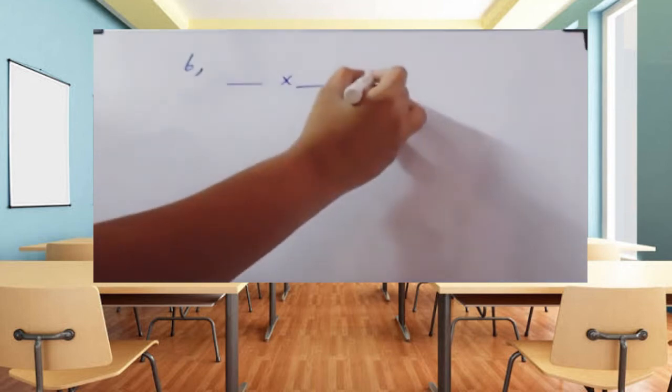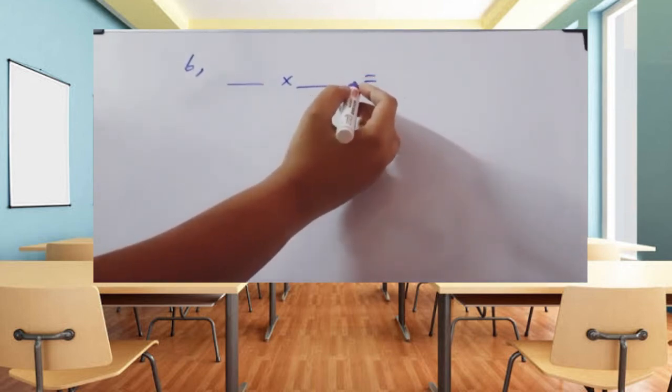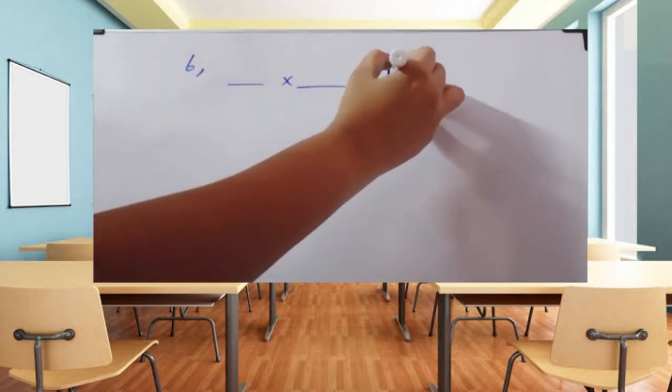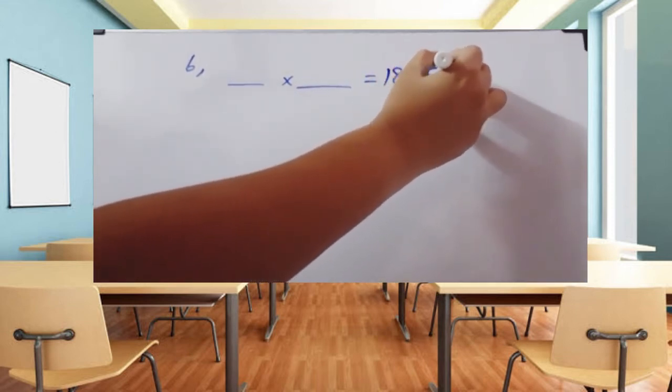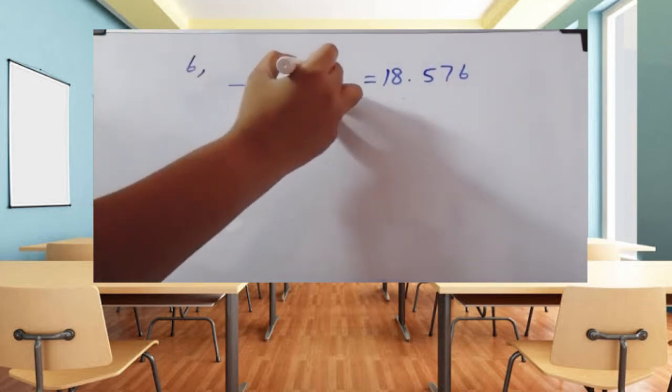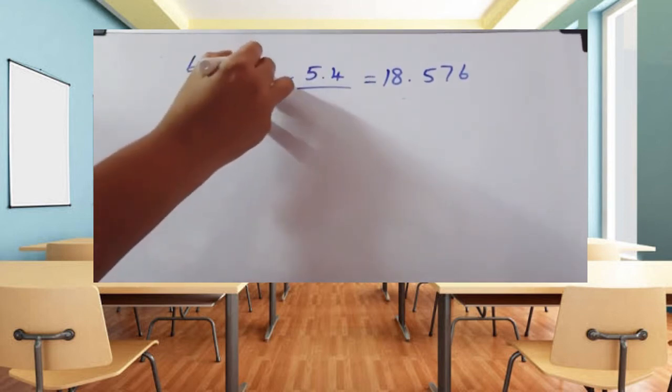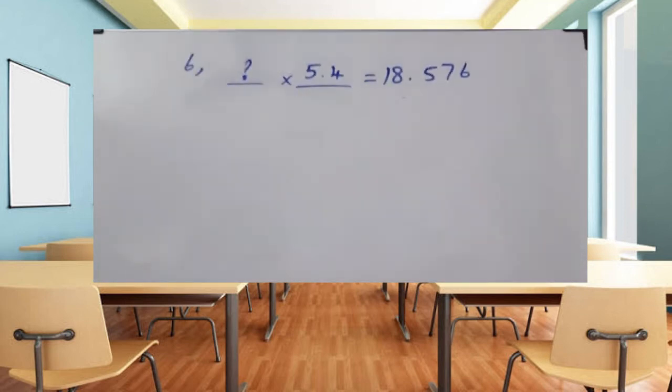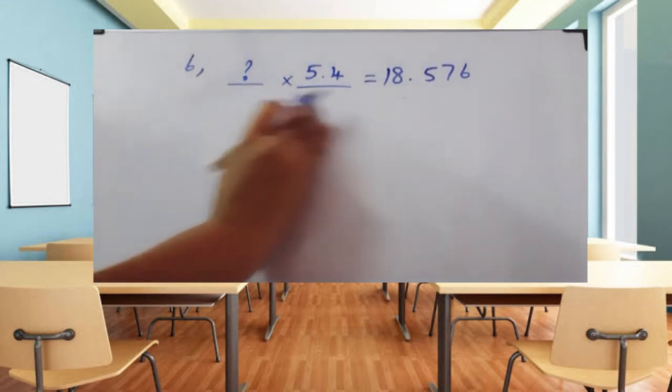When we multiply two numbers, the product is 18.576. They have given one value, 5.4. We need to find the other value. Let us consider the other value as x.